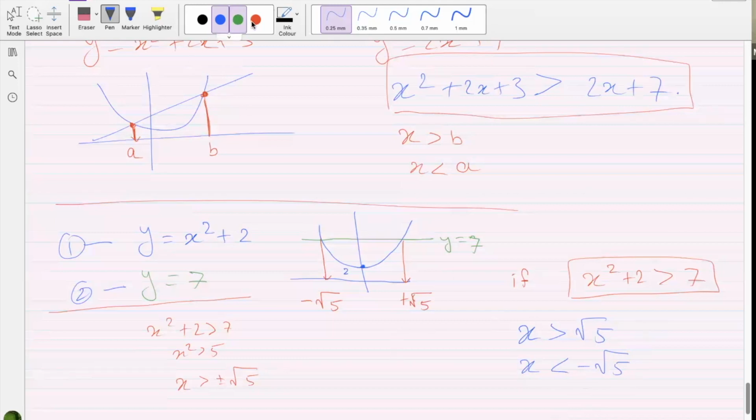When we are on the right hand side of the first value, is it true that x squared plus 2 is greater than 7? Yeah. And when we are on the left hand side of negative square root 5, is it true that the value of x squared plus 2 is more than 7?